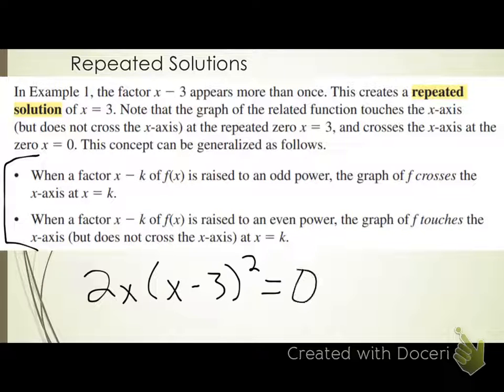So on the previous slide, we had 2x times x minus 3 squared equals 0, correct? Is x minus 3 raised to an odd or even power? Even. So before I even saw the graph, based on this concept, I could have predicted that it wasn't going to cross the x-axis there, it was just going to touch it. Does that make sense? Any questions there? This information is going to help us sketch graphs of our polynomial functions.